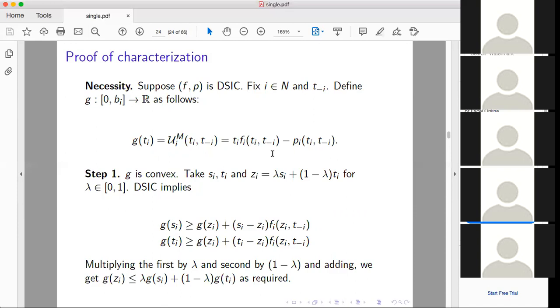So if I were to optimize over all F, P which are DSIC and satisfy ex post IR and non-negative payment, it is equivalent to optimizing over the space of all non-decreasing allocation rules. That's why it's a reduction in the space of variables essentially. You don't need to worry about the space of P's in some sense.